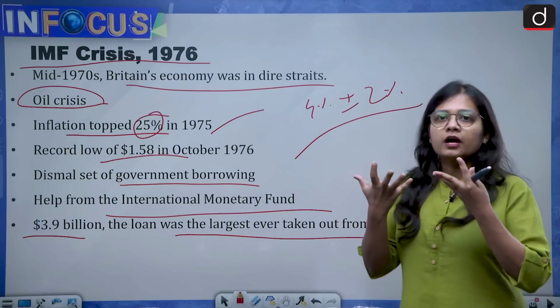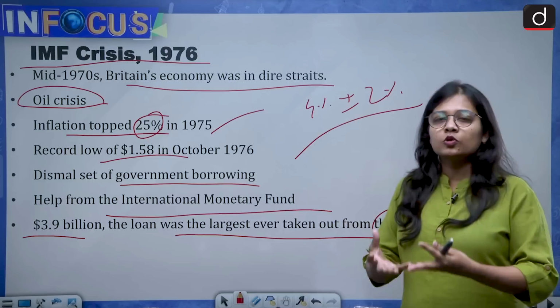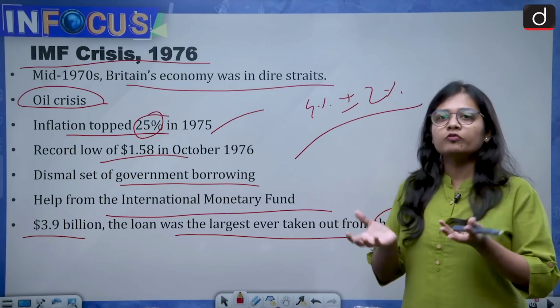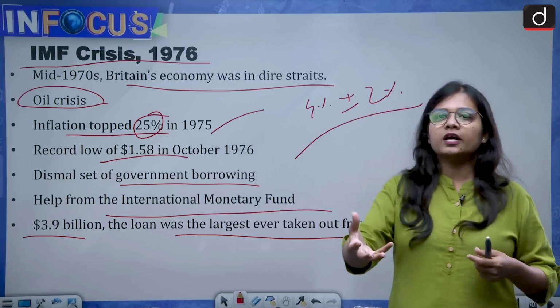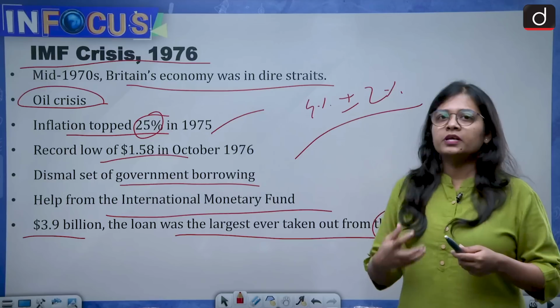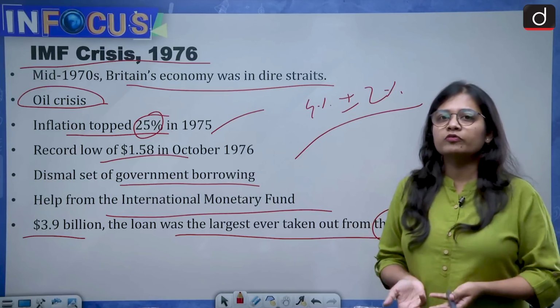What sign did this loan send over the globe? It was saying to the world that Britain is not performing well, Britain's economy is shattered, Britain's economy is not doing well.